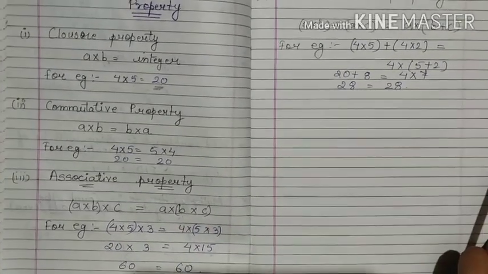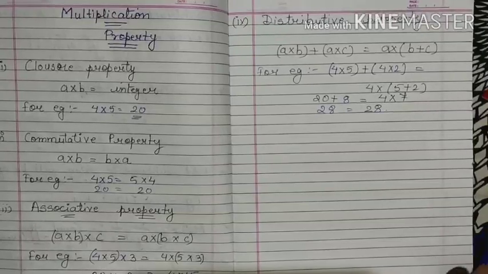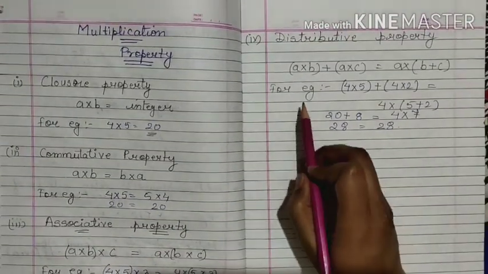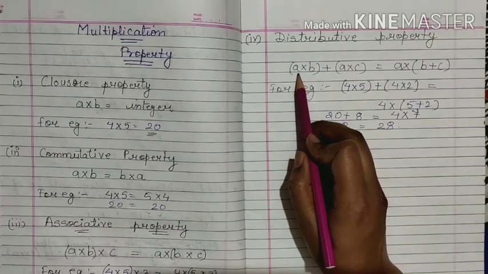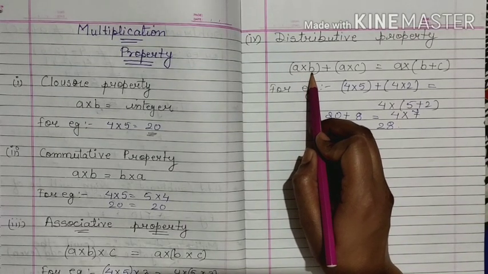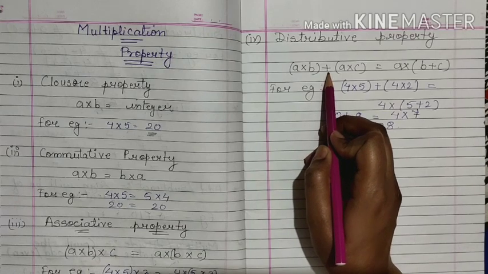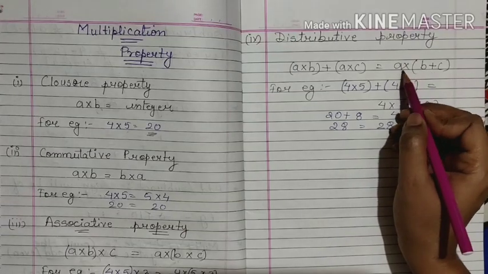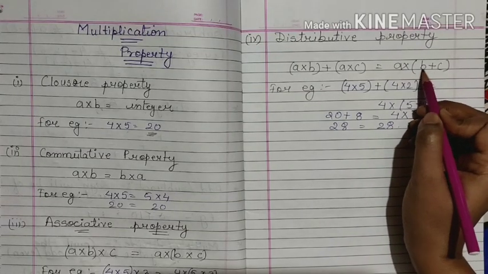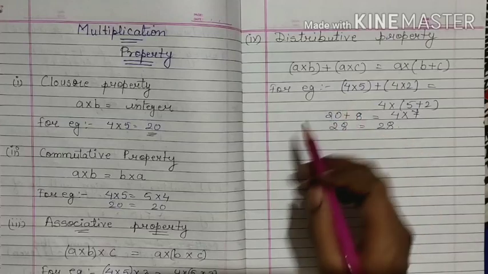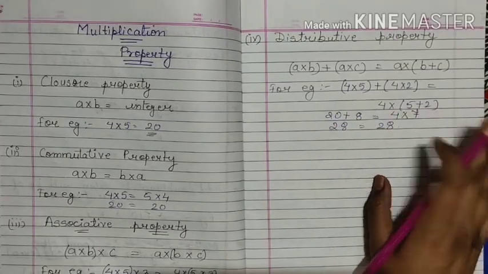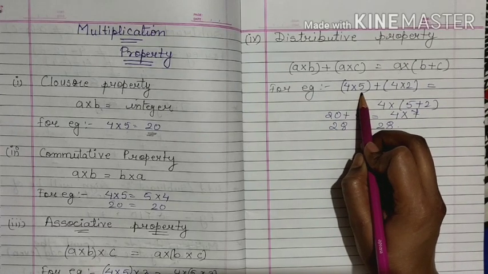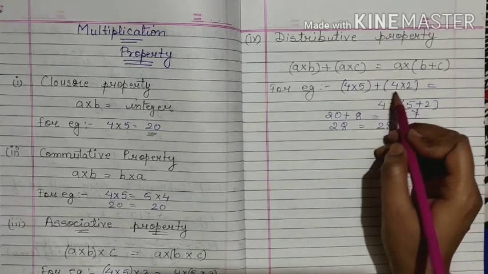Now there is another property called distributive property. A multiplied with B plus A multiplied with C. We can do like this, A multiplied by B plus C. For example, you can see both LHS and RHS are same. 4 multiplied with 5 plus 4 multiplied with 2.